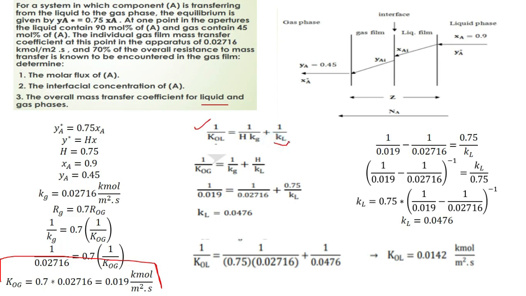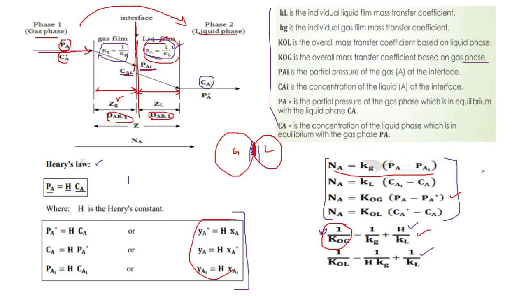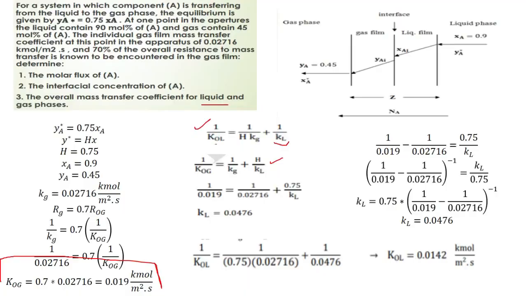So for KL, you will use this formula: 1 over KOG is equal to 1 over kg plus H over KL. All of the formulas which I am using are written here. These are the two formulas I am referring to right now. So 1 over KOG is 0.019, kg is 0.0276, while H is 0.75.